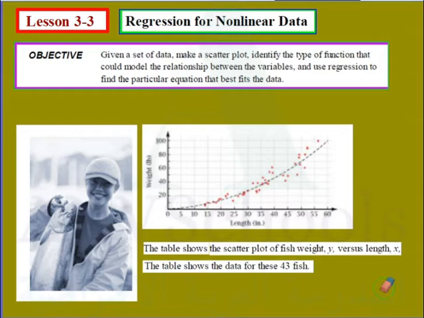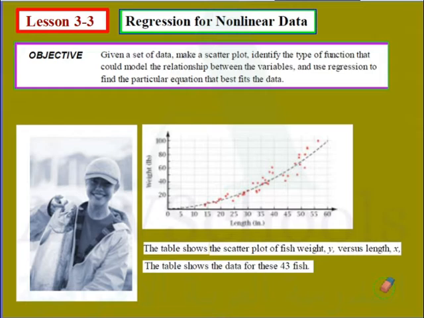Now, linear regression analysis does not apply to all situations, especially when we have a scatter plot that is most likely exponential, power, or logistic. These are the important matters in determining a regression for nonlinear data.